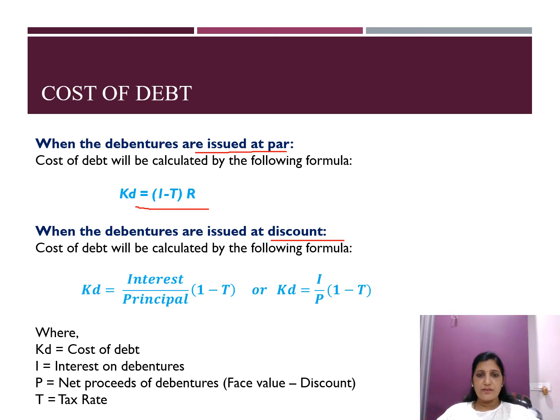The cost of debt will be calculated by the following formula: KD is equal to interest by principal into 1 minus T, or KD is equal to I by P into 1 minus T, where KD is the cost of debt, I is the interest on debentures, and P is the net proceeds of debentures. While calculating net proceeds, you have to take face value minus discount.